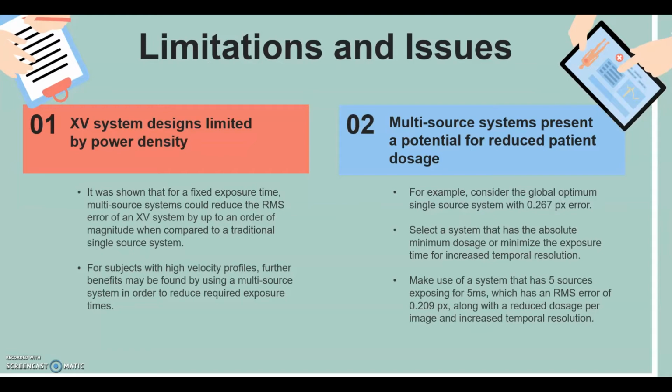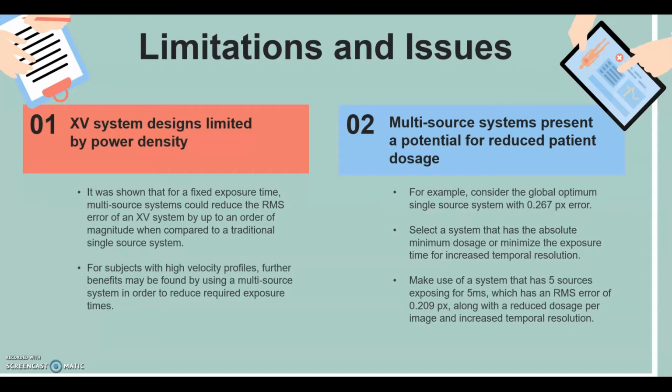This is directly equivalent to an increase in the potential temporal resolution of the given system. As the exposure time increases, multi-source systems approach an error floor faster than single-source systems. Hence the disparity between their relative accuracy will decrease.